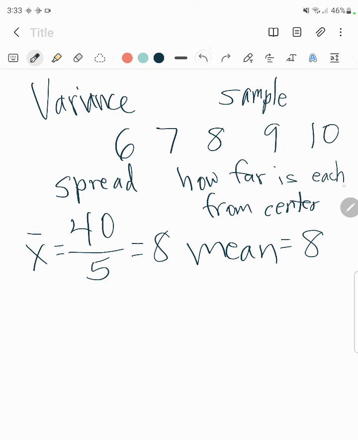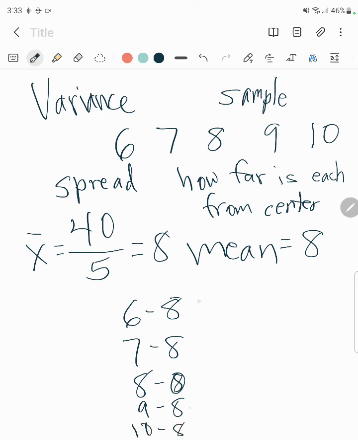Okay, so how far apart or how far from the center or mean is each of these numbers? Each of the numbers from 8, and so on. And then what we'll do with the answer is that the difference is squared.